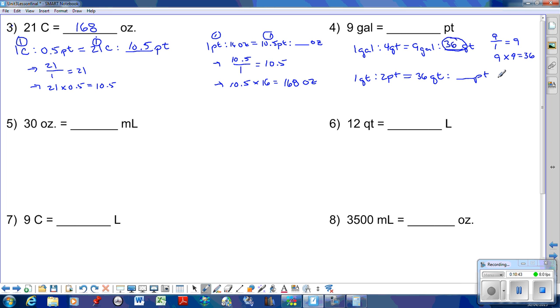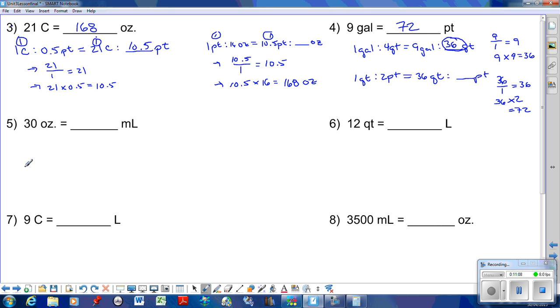Off to the side, we take the 36, the number that's by itself, divided by its corresponding value, which is 1. So that's 36. We take the 36 and multiply it by the remaining one, which is 2. And 36 times 2 is 72. So 9 gallons is 72 pints.